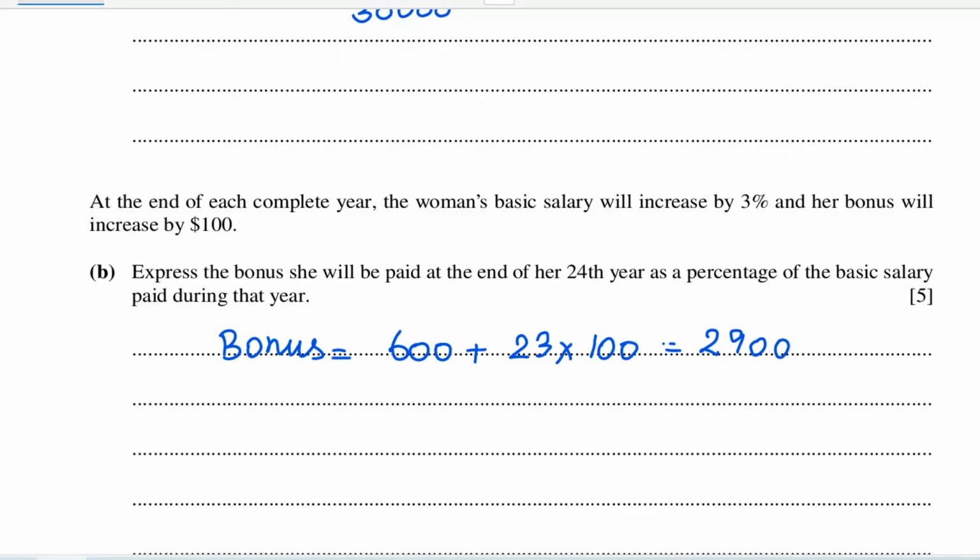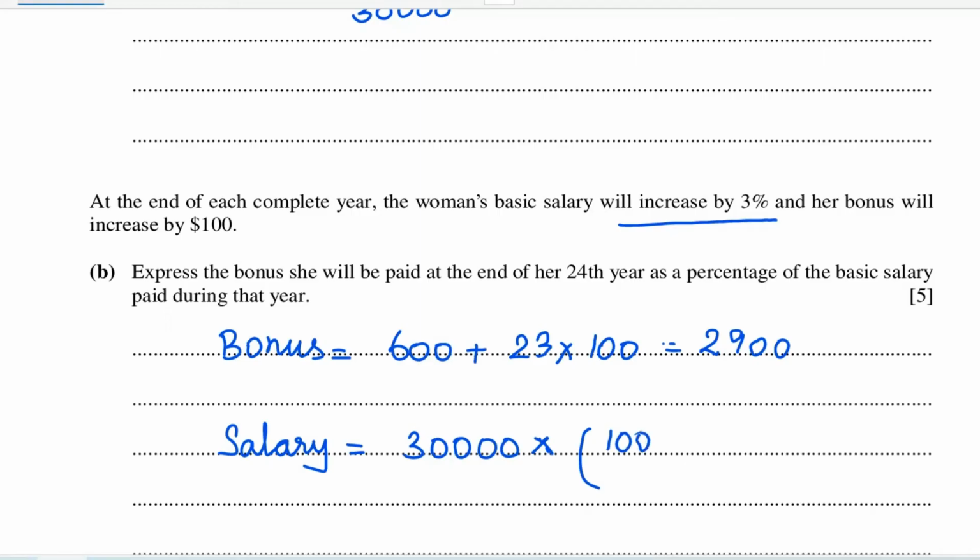So what will be her salary at the end of the 24th year? The woman's basic salary will increase by 3%. So the salary gets increased by 3% every year.